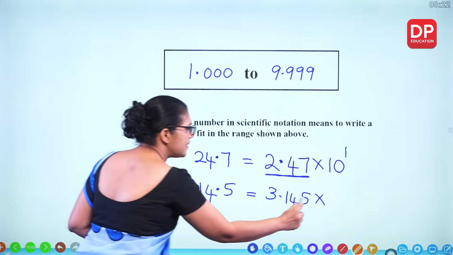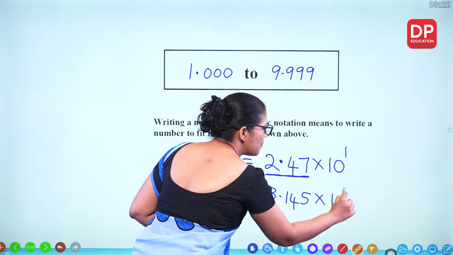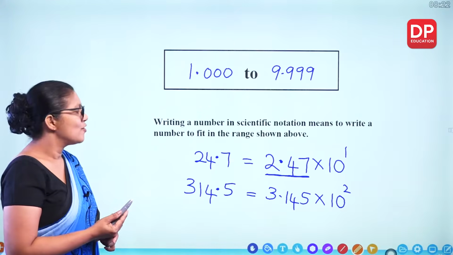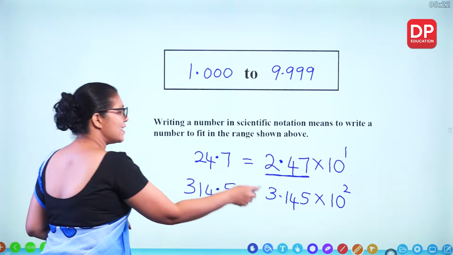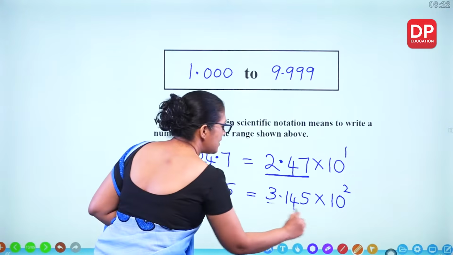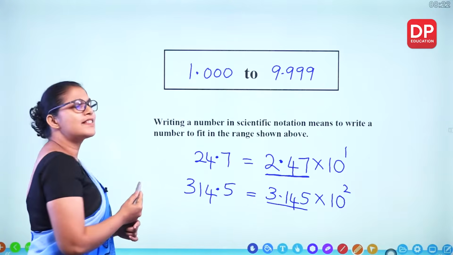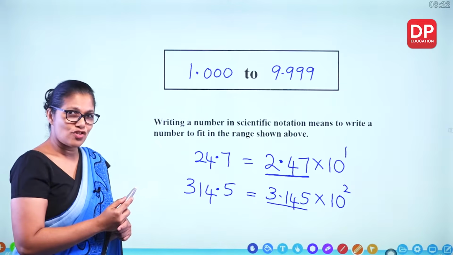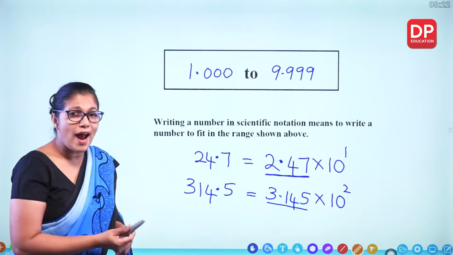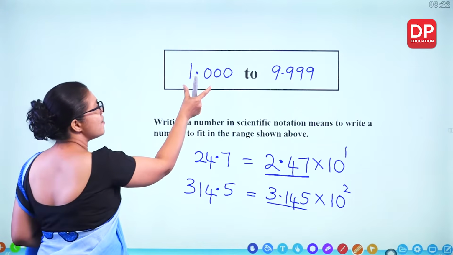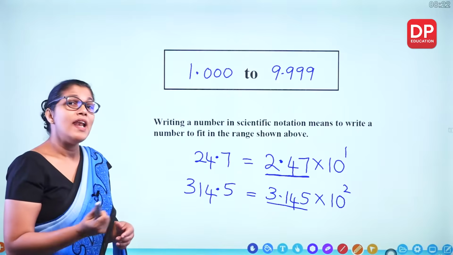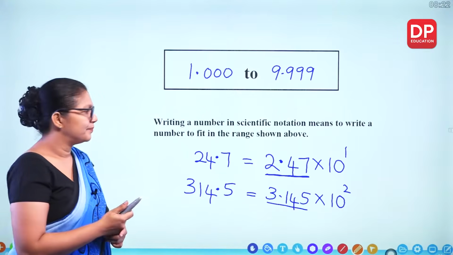When you multiply this one by 100, that means 10 to the power 2, you get 314.5. So that means we can put this number also into this range. So that's called scientific notation. Any number we are trying to put inside the range 1 to 9.999, or less than 10.